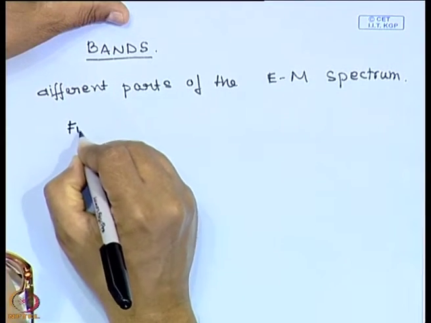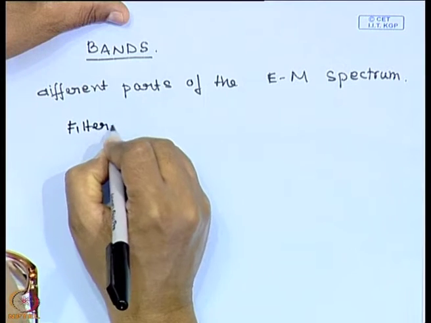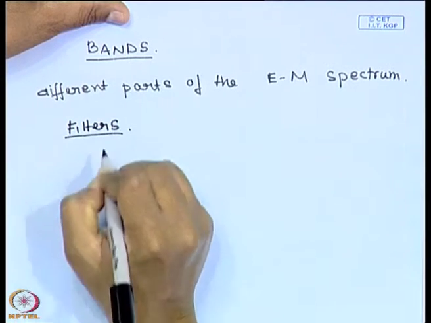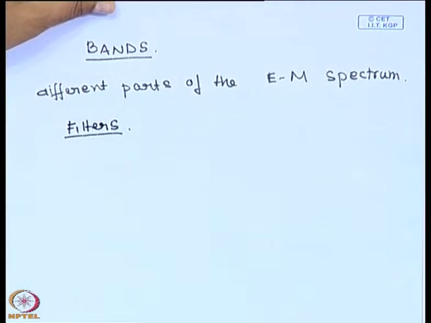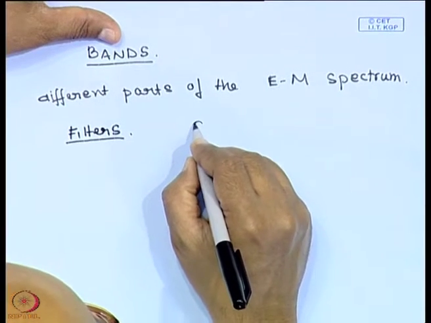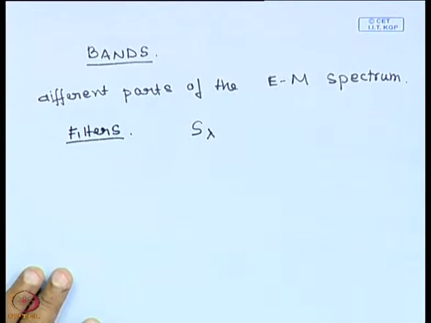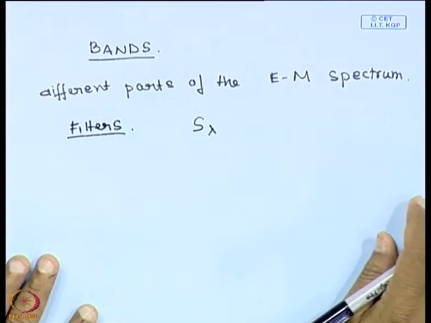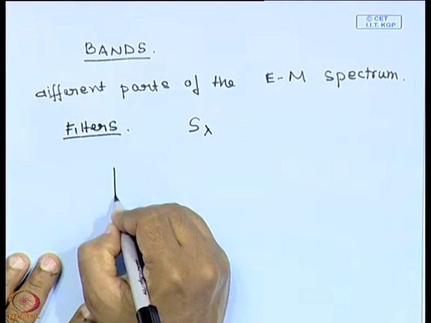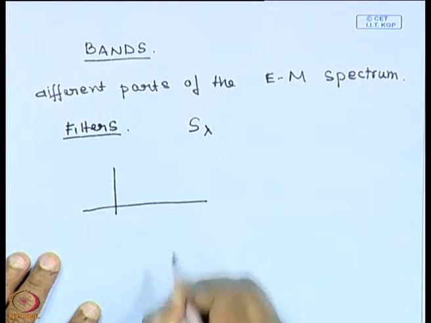So, you have filters corresponding to each band. The response of the filter is given by the sensitivity S lambda, which we had introduced earlier.